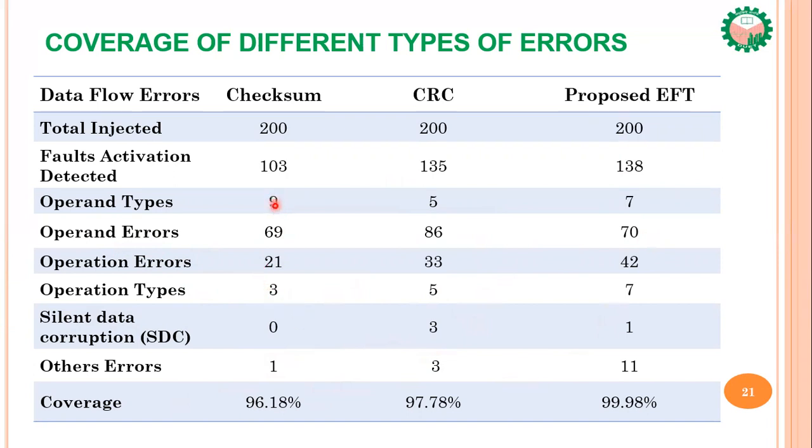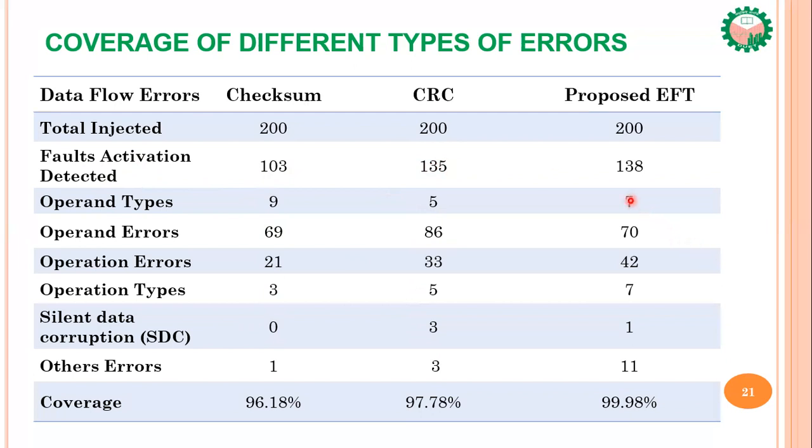The summation of all operand types, operand error, operation error, operand types error, silent data corruption, and other errors, the summation of false activation equals detected. That means for CHECKSUM the summation equals 103, and for CRC all the summation of activated faults equals 135 detected.